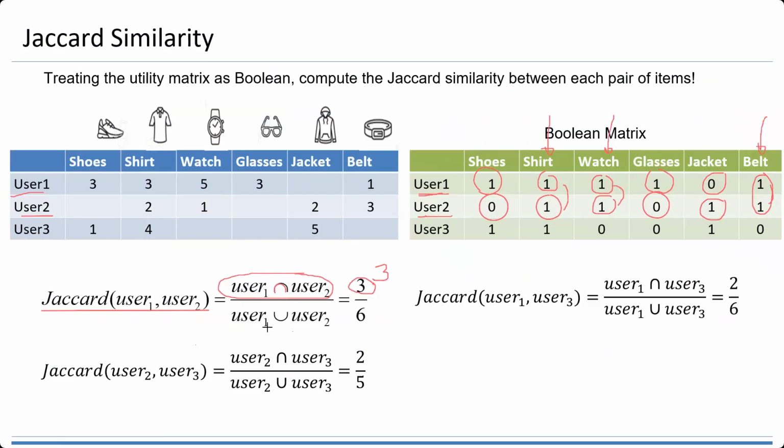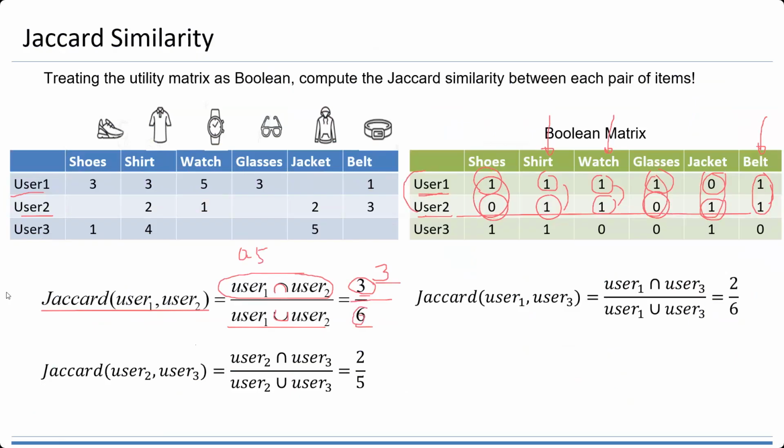And the union means how many items at least one of them has. So here, one of them exists, one of them exists, and one of them exists. So we have six items in total. So three among six items are similar. So the similarity between user 1 and user 2 is 0.5, 3 divided by 6.